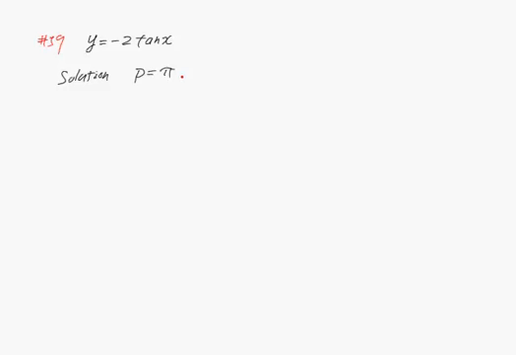And let's first get the graph of y equal to tangent x. So let's draw the graph of y equal to tangent x. Let's first get the two vertical asymptotes.